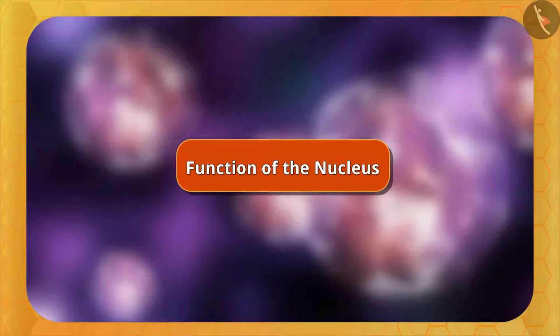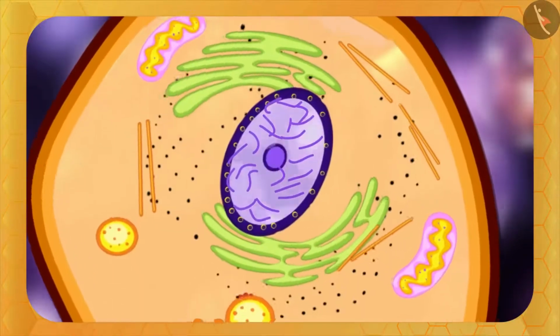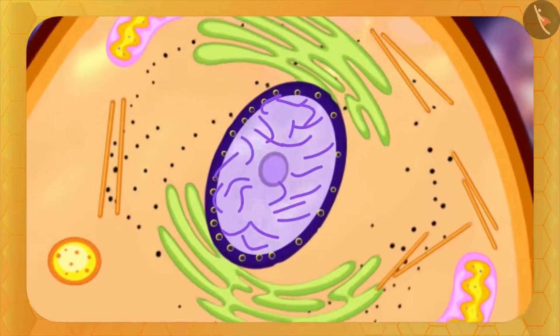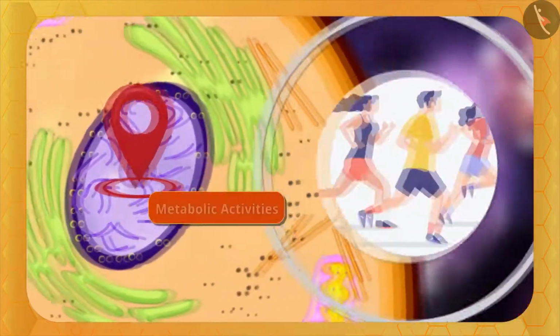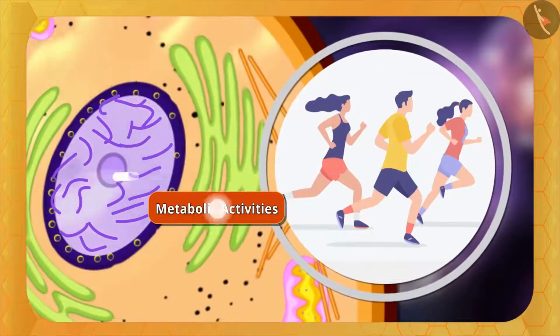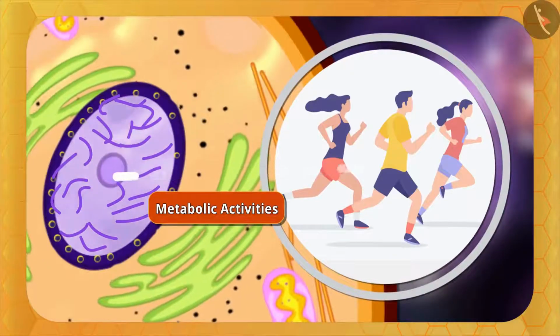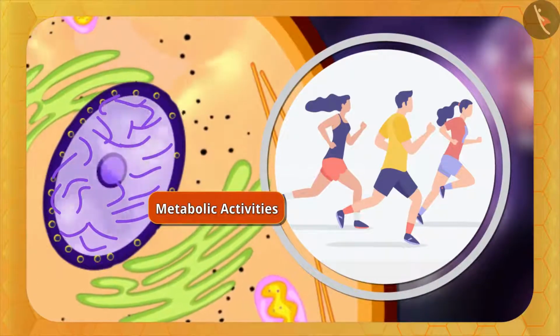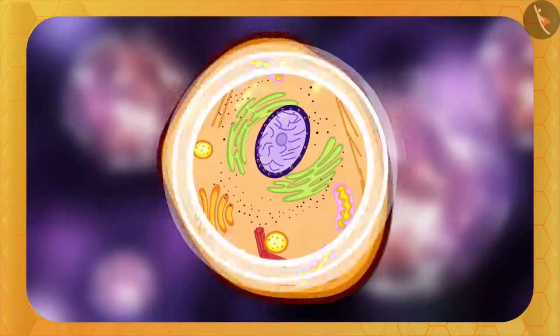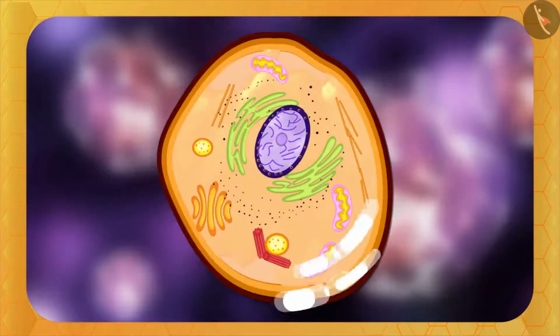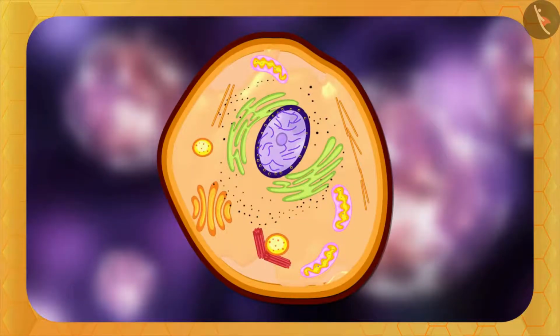Now, we will understand about the function of the nucleus. By the way, you must have understood the center of the cell is the headquarters which controls and directs all metabolic activities such as production of energy, etc. It determines the overall growth and maturity of the cell.